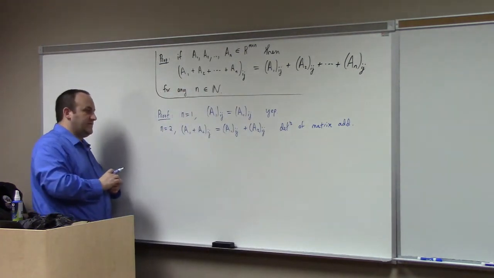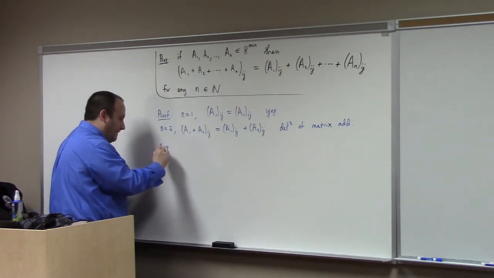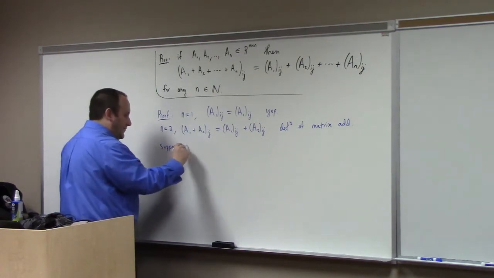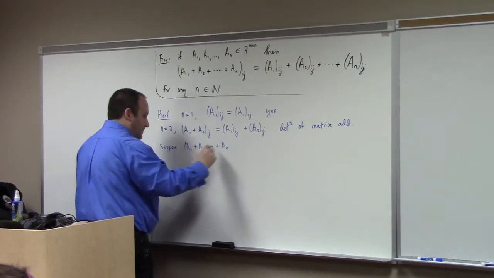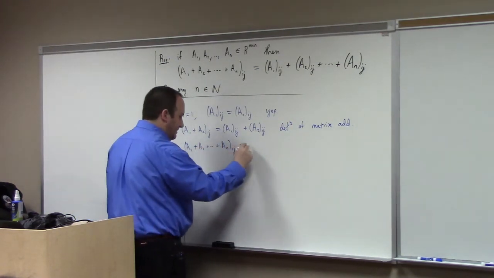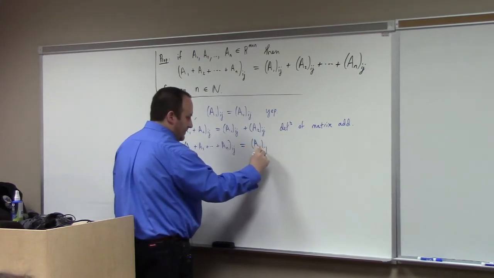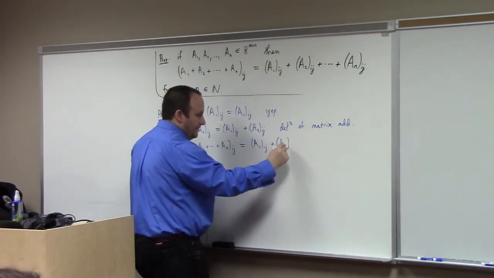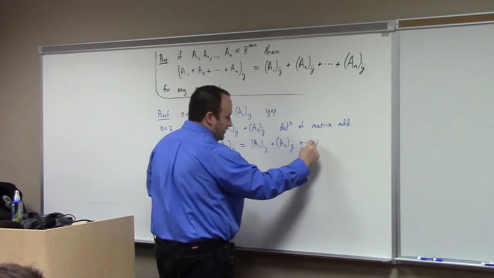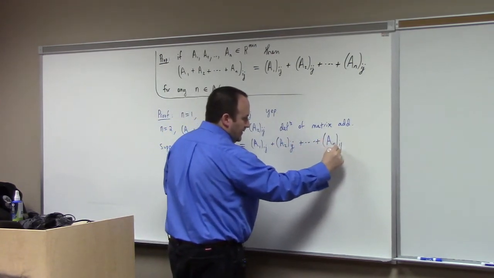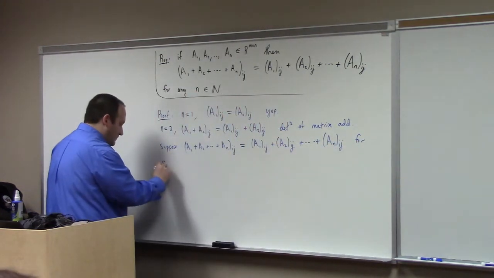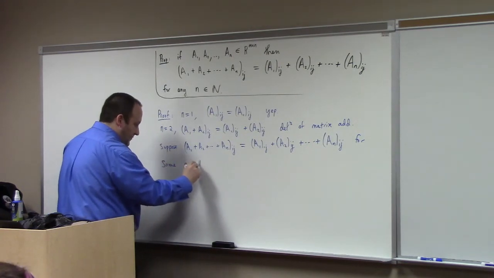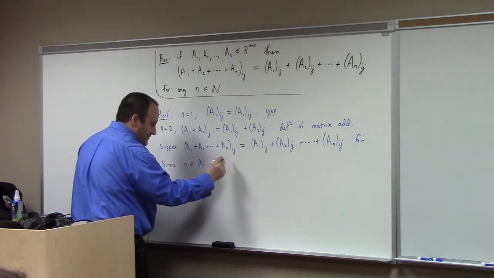So if we're doing an induction proof, now what we do is we suppose that (A1 + A2 + ... + AN)_ij is equal to (A1)_ij + (A2)_ij + ... + (AN)_ij for some n in the natural numbers, n greater than or equal to, let's say, 2.